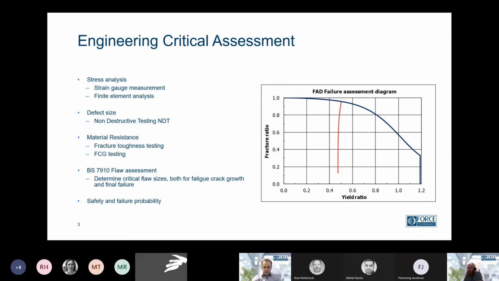Then we use the BS 7910 standard to do the flaw assessment, and here we determine the critical flaw sizes, both for fatigue crack growth and for final failure. In addition, safety and failure probability may be necessary to get a result that you can live with in the probability for a failure.